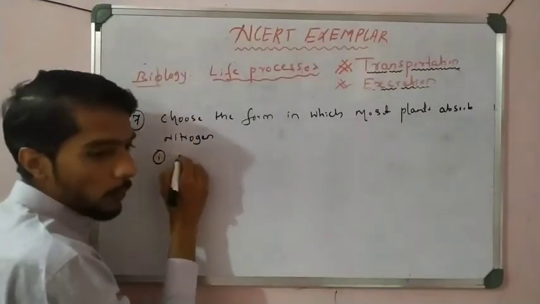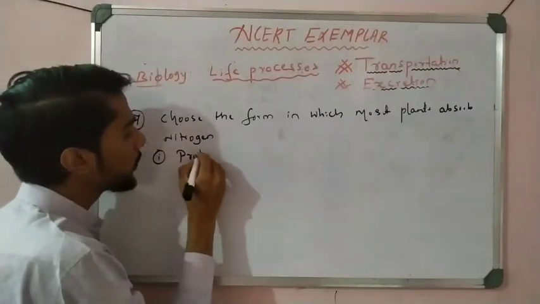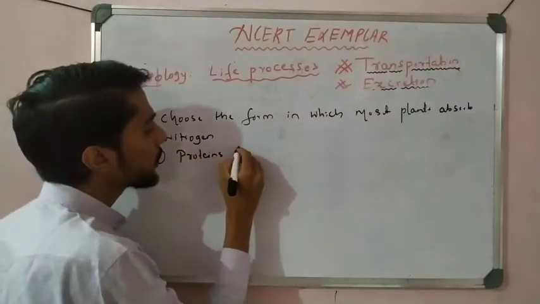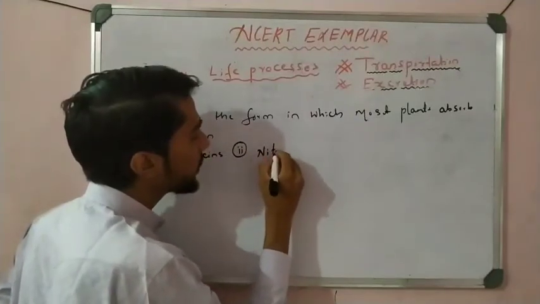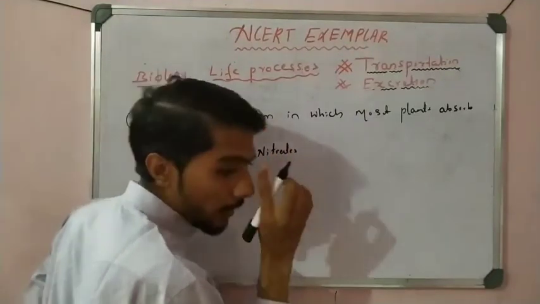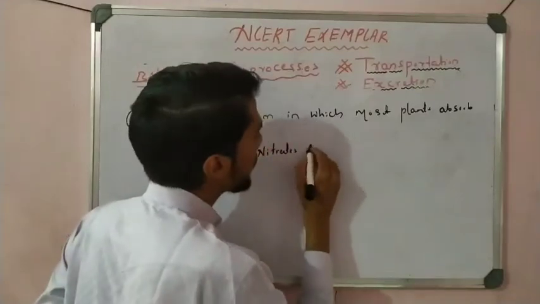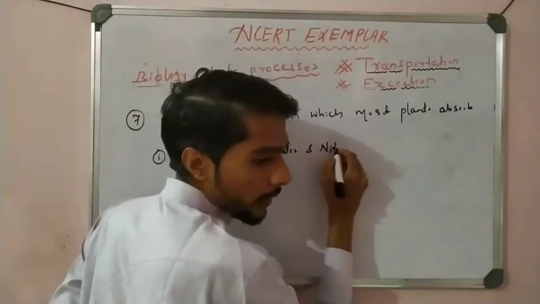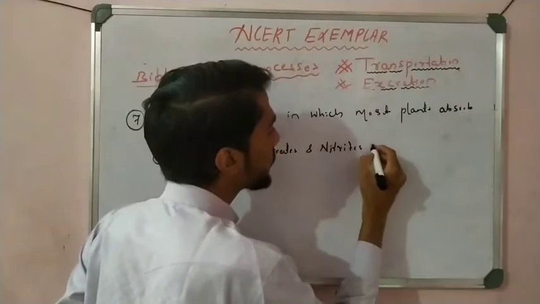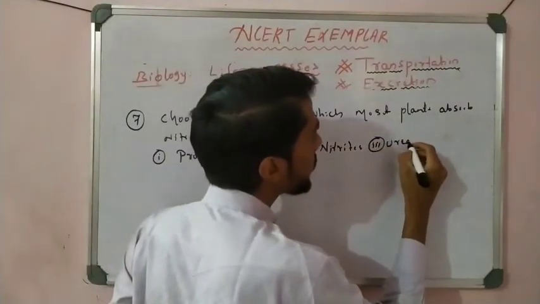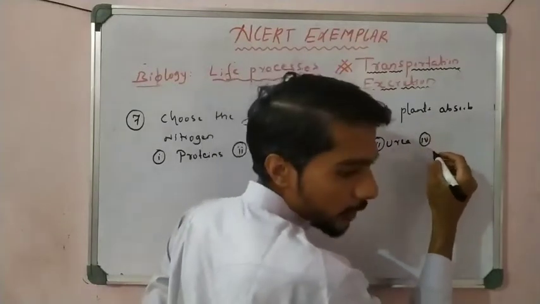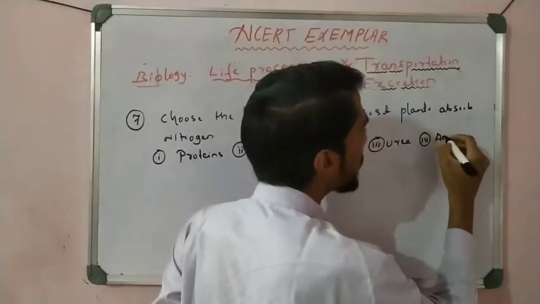So Roman 1 is proteins. Roman 2 is nitrates and nitrites. Third statement, urea. And the fourth statement, atmospheric nitrogen.